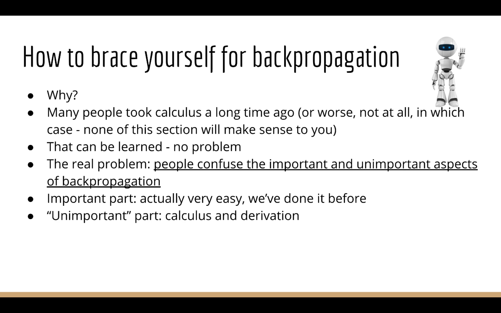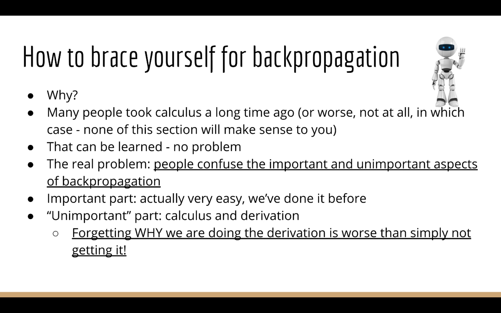Obviously, that will improve your understanding, but if you forget why we're doing what we're doing in the first place, that's worse than simply not getting it. I like to say, make sure that you can see the forest for the trees. If you're getting lost on some calculus step, and you think that because of that, you don't understand backpropagation, then you're looking at the trees. The objective of this lecture is to show you the forest.